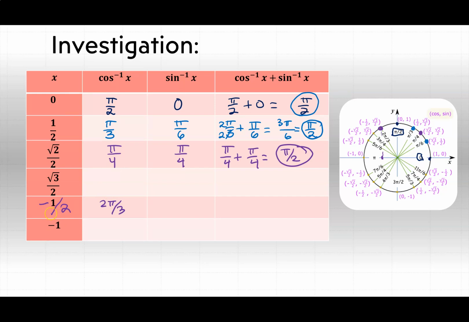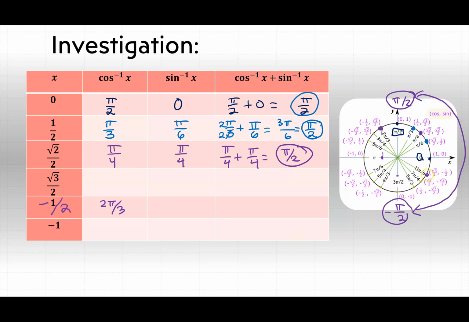Now, when is sine negative 1/2? Sine is negative 1/2 here. So we're looking at this angle right here, but we cannot call it 11 pi over 6, because for inverse sine, the answer needs to be between negative pi over 2 and positive pi over 2. Those are the values, the range of inverse sine.